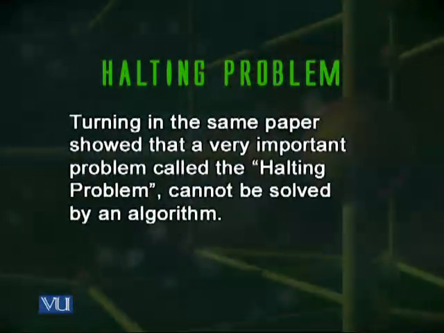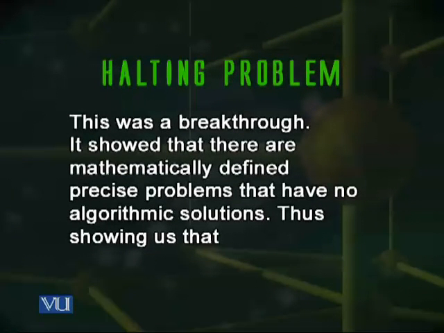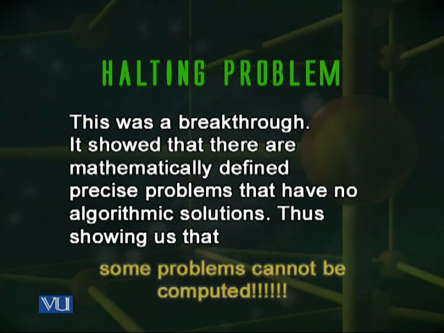Turing in the same paper showed that a very important problem called the halting problem cannot be solved by an algorithm. This was a breakthrough. It showed that there are mathematically defined, precise problems that have no algorithmic solutions, thus showing us that some problems cannot be computed.